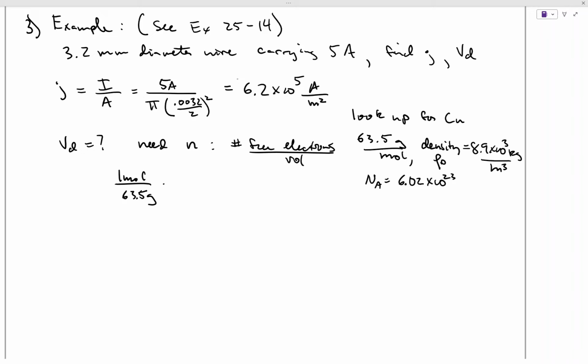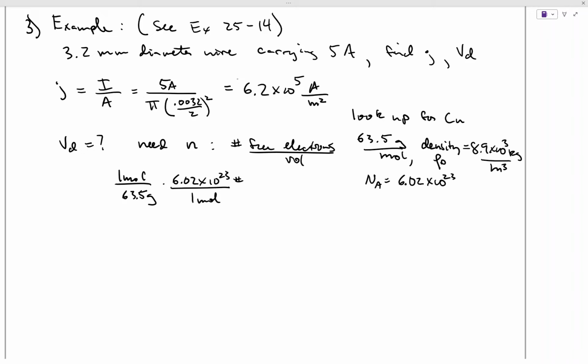So that means that there are 6.02 times 10 to the 23rd copper atoms per 63.5 grams. Okay. Let's just call this a number per mole. Good, so now this would be a number per gram.